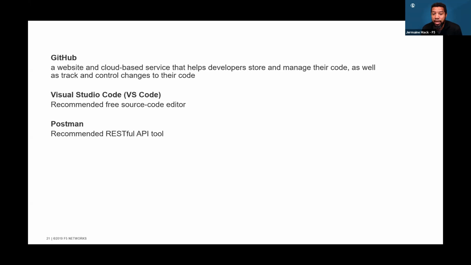Some of the tools that are actually behind the scenes of this lab, we won't go into all of them. GitHub, we'll talk about a little bit. Visual Studio Code is a platform for us to build our AS3 declarations on. There is a way for you to validate your declaration. We won't really get into it, but that's a really powerful tool for building declarations.